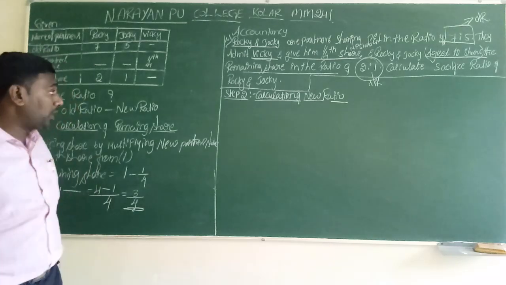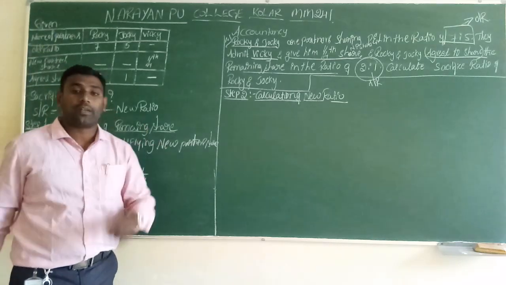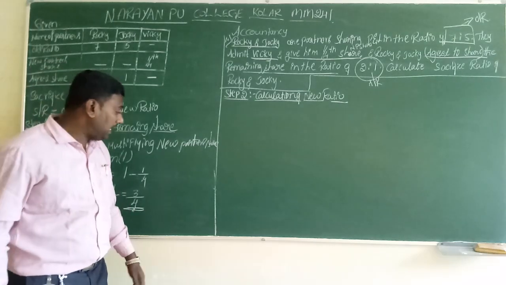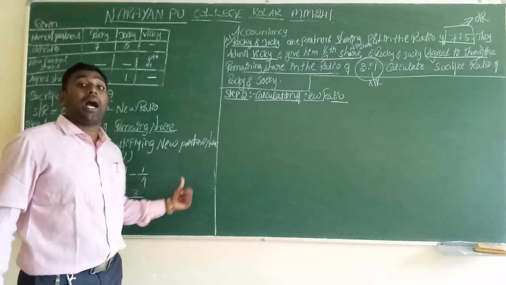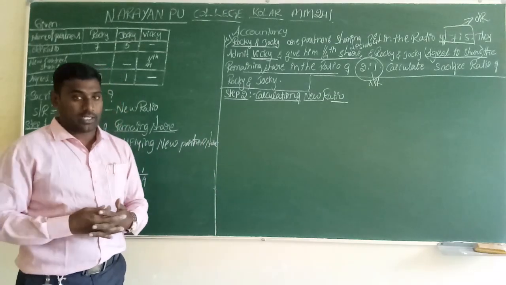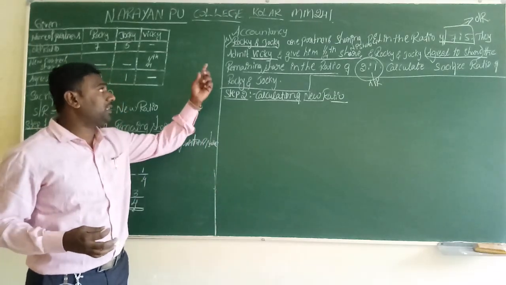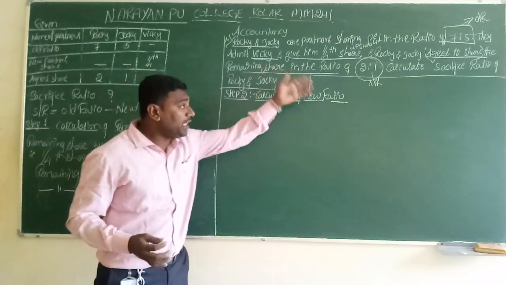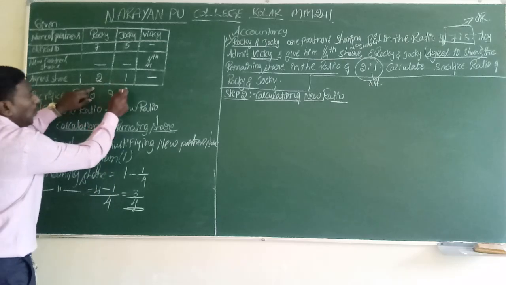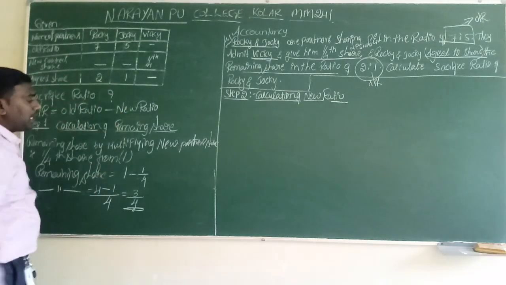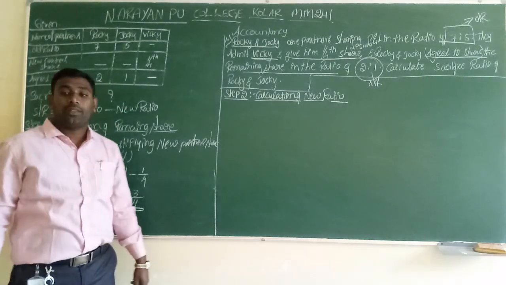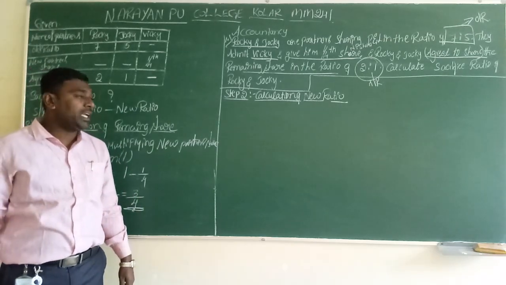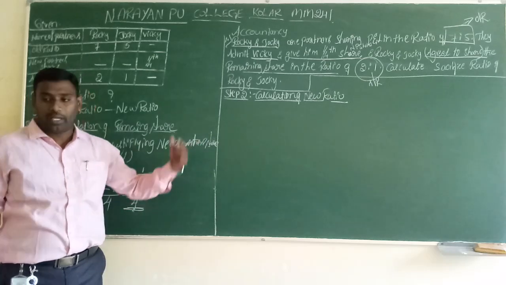How to calculate the new ratio: in the note, the second point will express that new ratio is calculated by multiplying remaining share and agreed share of old partners. The old partners available are Rocky and Jockey. So agreed share is given, that is 2:1. That should be multiplied with the remaining share. Based on the remaining share we have written, we have to multiply.